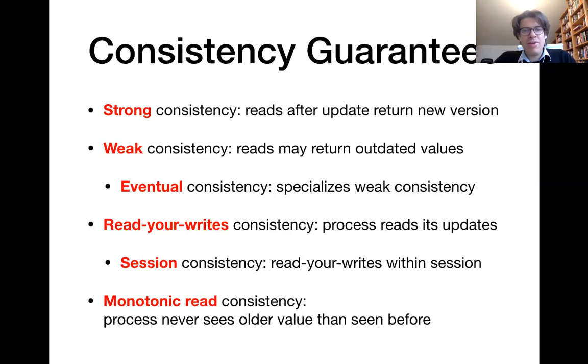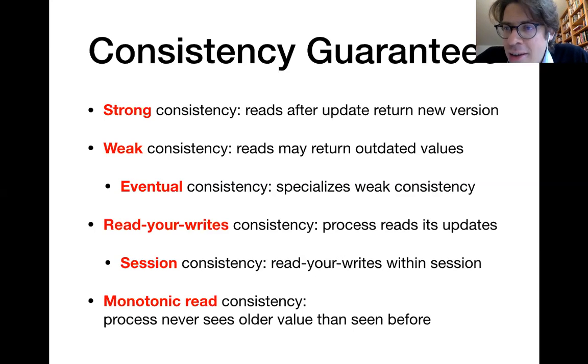To give you some examples of what other consistency models are around, there's, for instance, something called read your write consistency. And that means that one specific process, which is updating objects, will always read its own writes, at least, but when comparing different processes, that might not necessarily be the case.